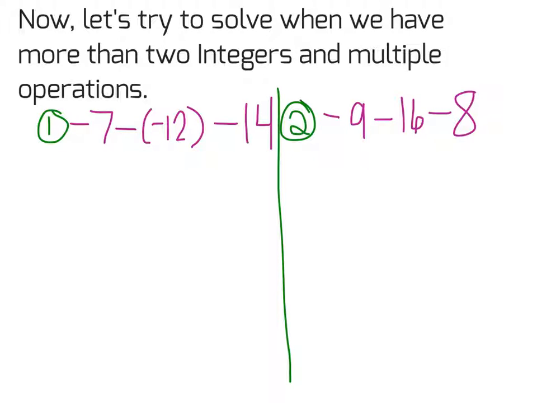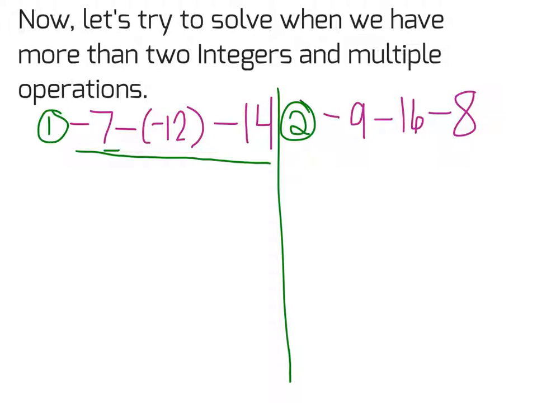Now we're going to move on to solving when we have more than 2 integers and multiple operations. As you see in the very first one there, we have -7 minus -12 minus 14. All I would do is add the opposite on each part.